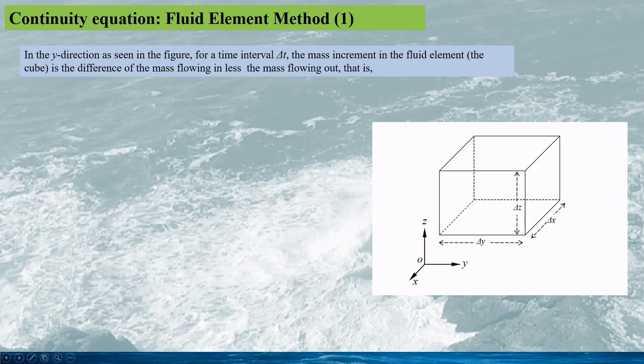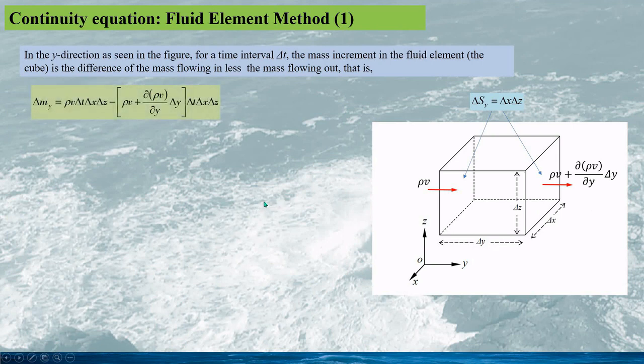Consider a cube. It is the fluid element. For a time interval delta t, the fluid mass in the y direction flows into the cube from the vertical surface delta sy at the left-hand side. And at the same time, the fluid mass flows out of the cube from the vertical surface delta sy at the right-hand side.